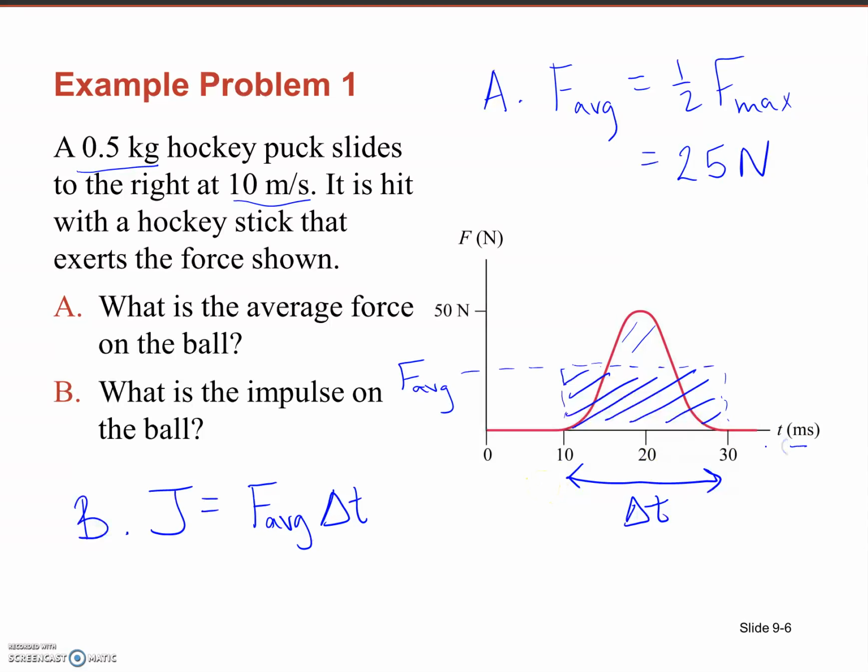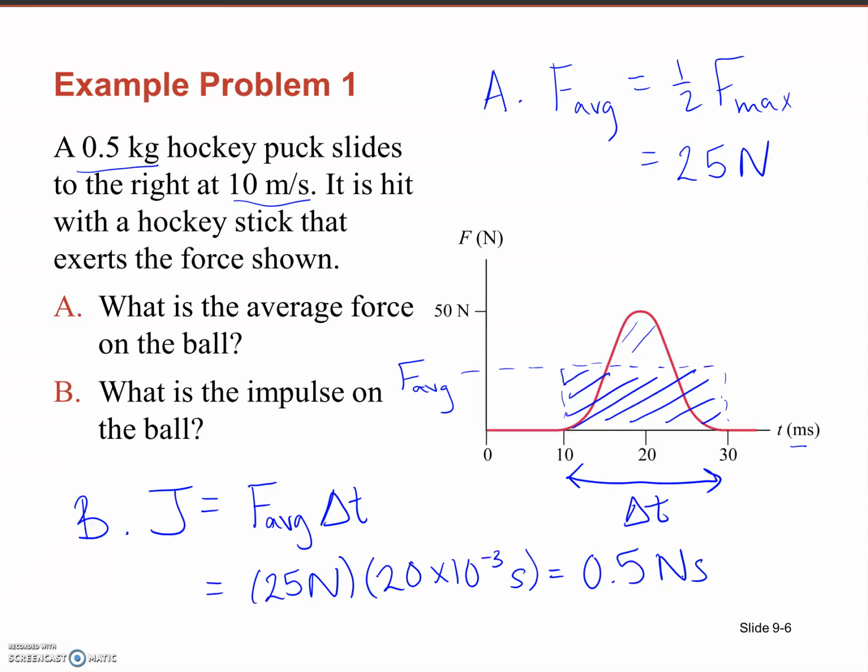Let's check the units, milliseconds. So our impulse is 25 newtons times 20 milliseconds. A milli is 10 to the minus 3 seconds. And that's equal to 20 times 25 is 500. 500 times 10 to the minus 3 is 0.5 Newton seconds.